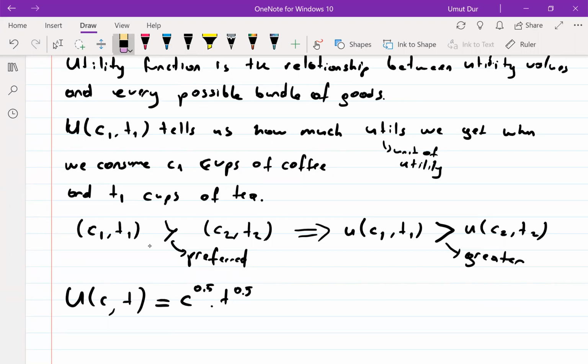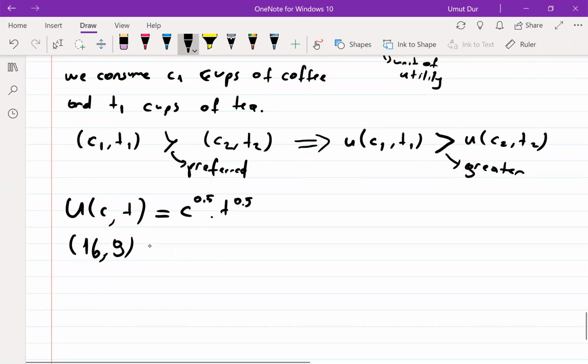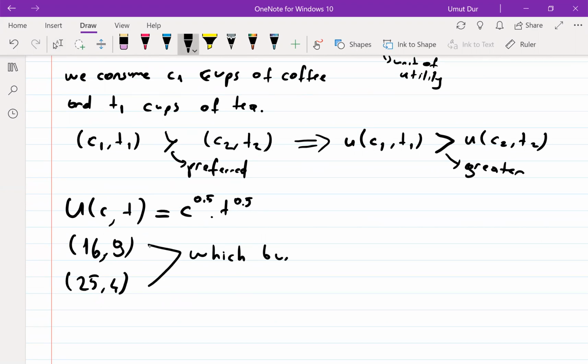Whatever amount of cups of coffee and cups of tea you give me, I can calculate my utility by using this multiplication. Let's say we are comparing two bundles here. The first one is 16 and 9, and the second one is 25 and 4. So which bundle is more preferred?